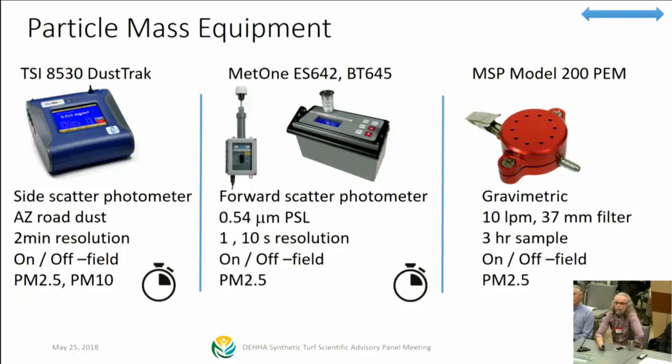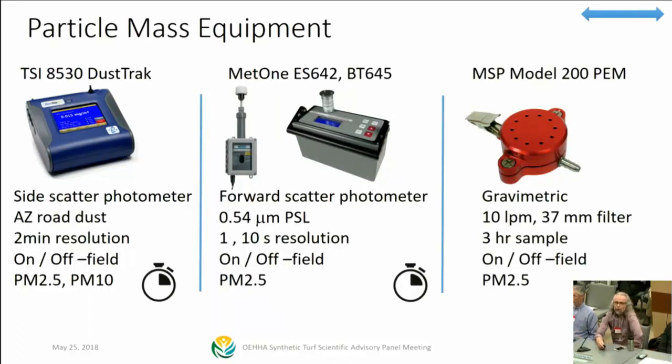For our particle mass measurements, we had the availability of DustTraks for the first 2/3 of the fields that we measured. Then we knew that we were going to lose the DustTraks, and we had to go to these MET1 photometers for the remainder of the field. So we had some overlap between the two instruments.